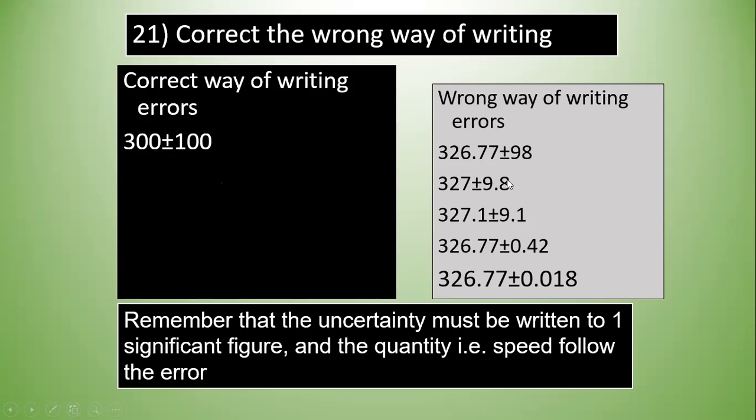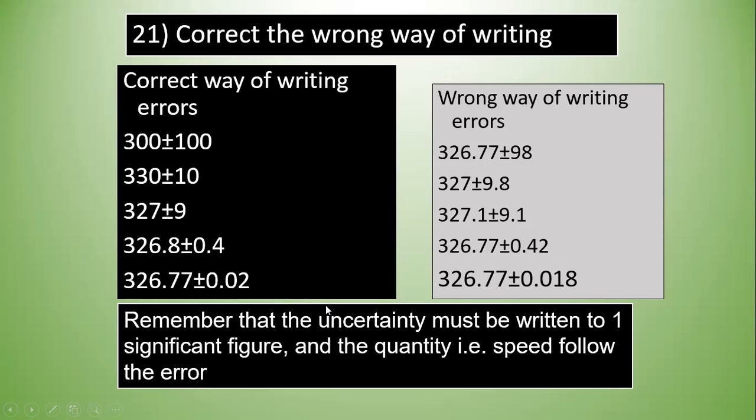This one should be 10, so it's 330. This one is 9, so you can drop one decimal place here. You can read up to 327 plus minus 9. This one should be 0.4, so this one can read to one decimal place. This one can read to 2 decimal places, so this one should be 2 decimal places also.